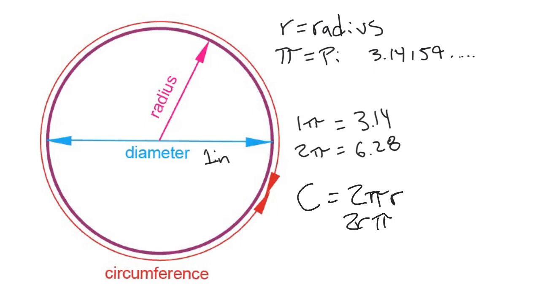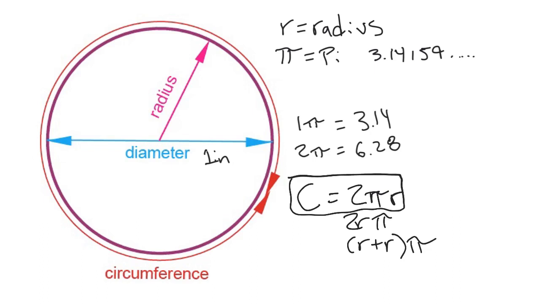Basically it's r twice, or r plus r, times pi. That's how you would find the circumference. Remember, multiplication is commutative, so I could say it in any direction, but we're going to use this one right here. Circumference is equal to 2 pi r.